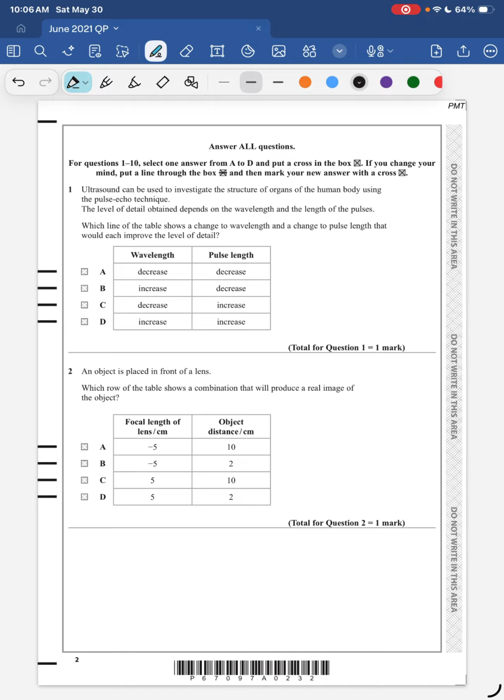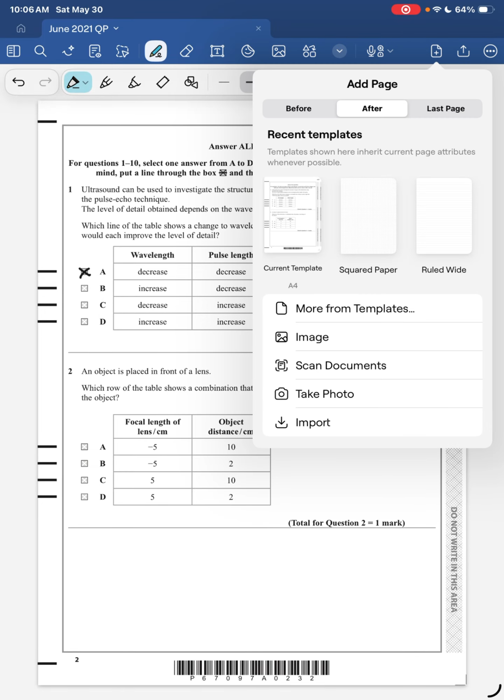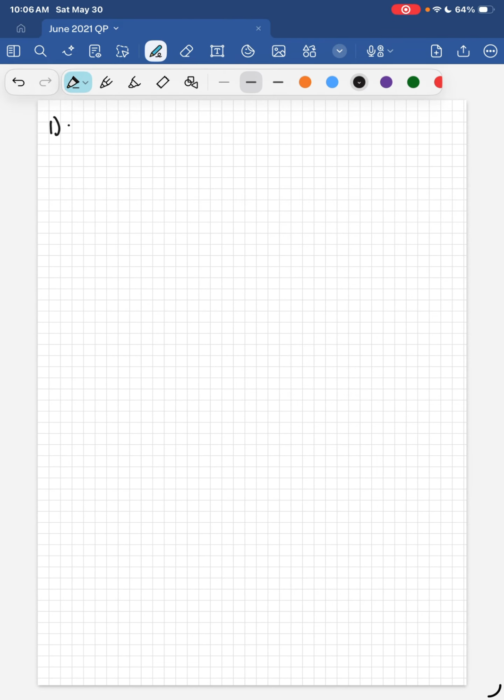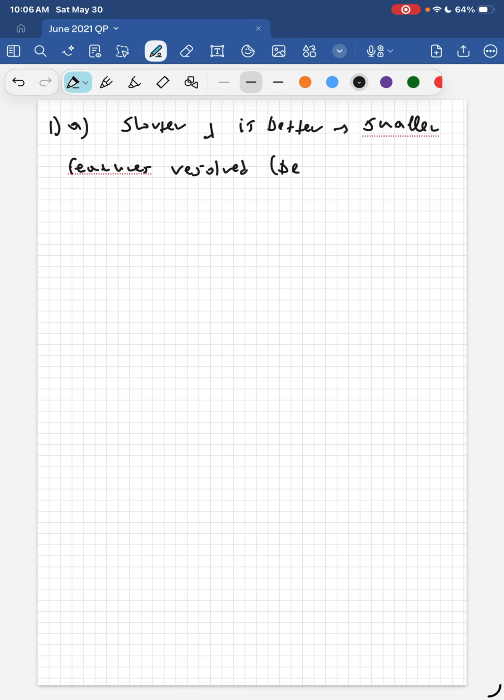Okay, so basically option A is the correct one, and I'm going to try to explain it really fast. The reason why a shorter lambda is better is because you get smaller features resolved in the human body, and therefore better accuracy.